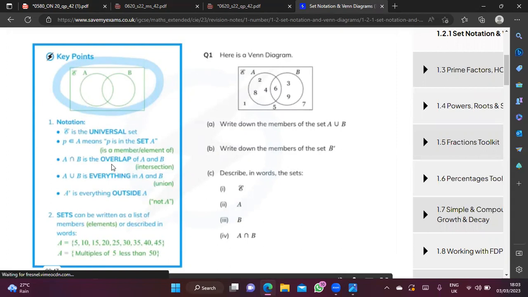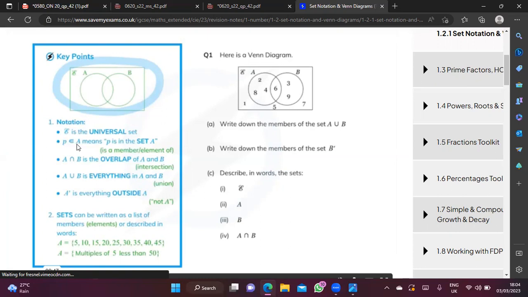So what is the language of sets that you have to know? The notation itself, yeah? Universal set is this calligraphy E here. I don't know why they like to use E.